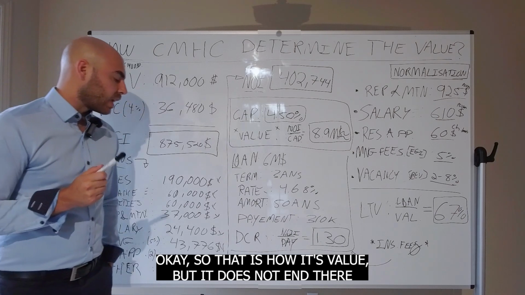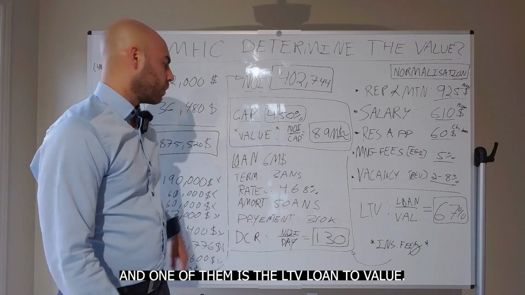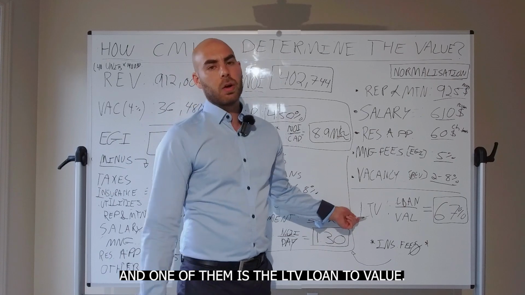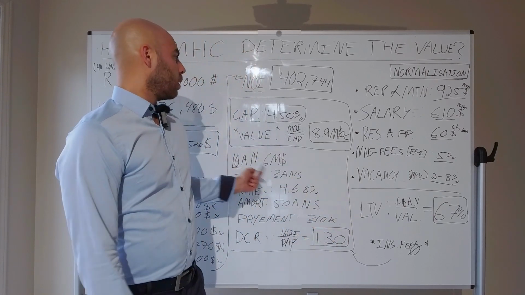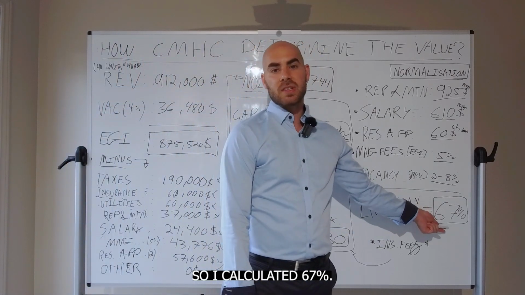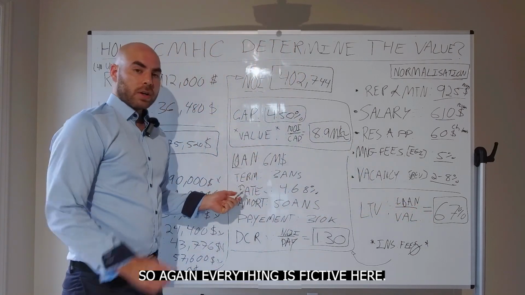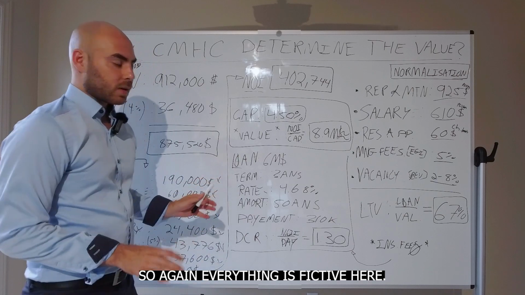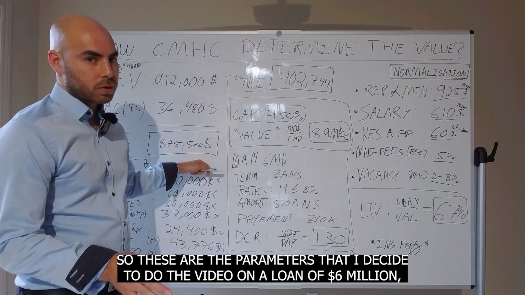But it does not end there because there's other criteria in this program, and one of them is the LTV, loan to value. So how much of a loan on my value do I have? So I calculated 67%. And how did I get this number? Like this. So again, everything is fictive here. So these are the parameters that I decided to do the video on.